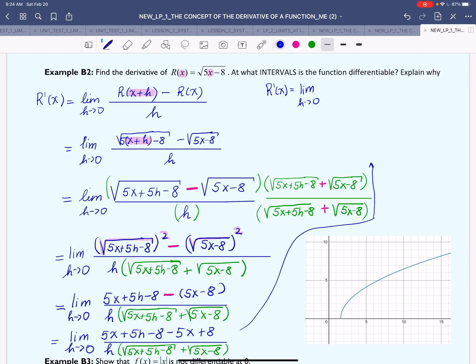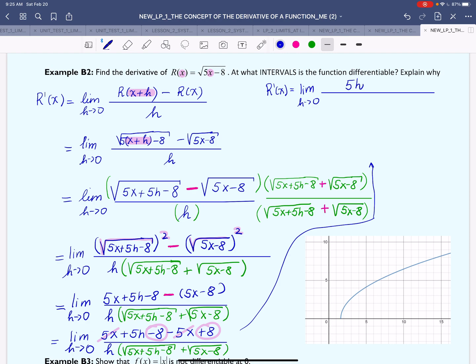So let's rewrite it. And in the numerator, we have terms we can simplify, hopefully. Let's see. So we have 5x and negative 5x, negative 8, positive 8. So goodbye to them. And the numerator has just 5h. Yay. So 5h.